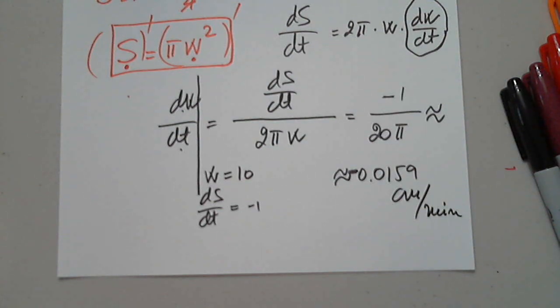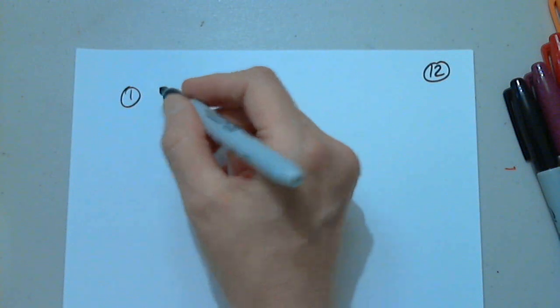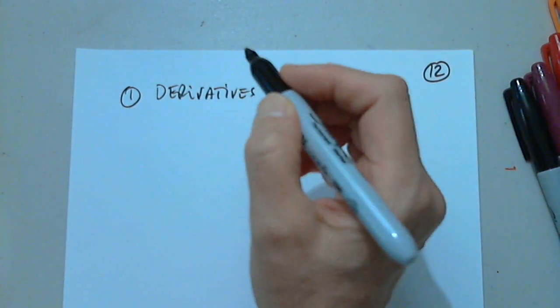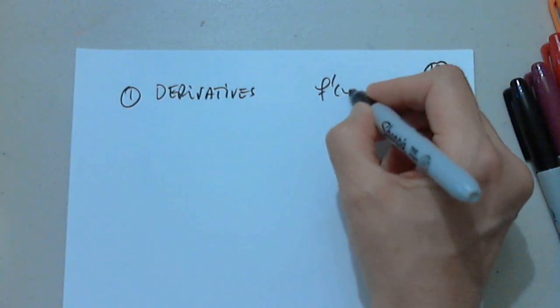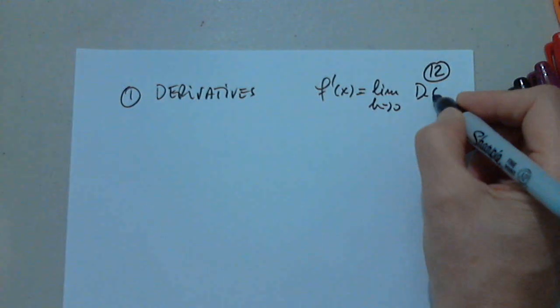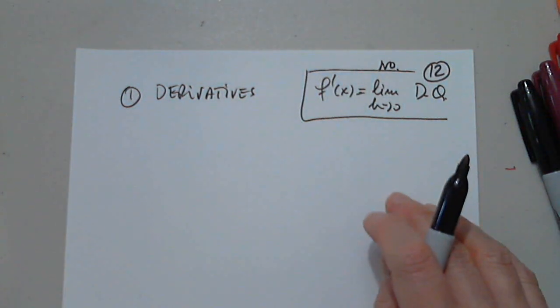Okay, let's come up with a list of questions that I would like you to review. And for the rest of the time, I would like us to review whatever you want. So number one, derivatives. You will not be asked to use f prime of x as the limit as h approaches 0 of the difference quotient. No. This was in the previous chapter.